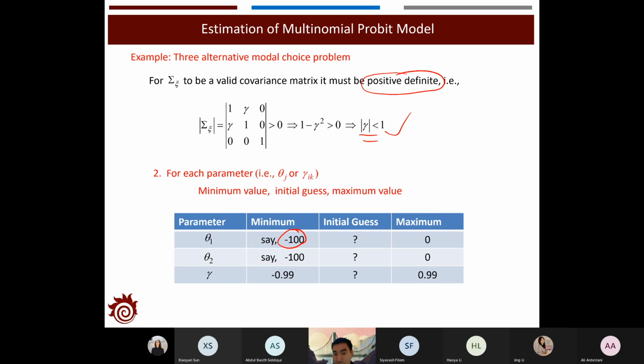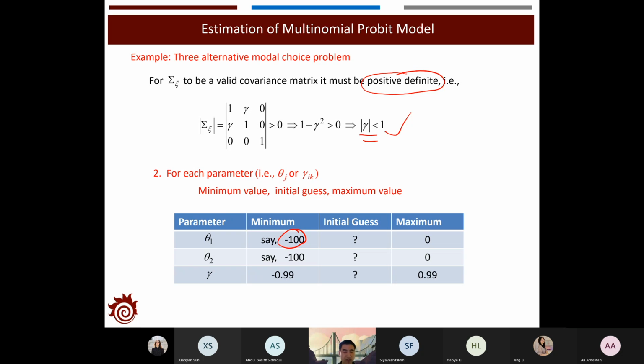And you can specify any initial values, any values between the minimum and maximum value, as the initial guess for theta and gamma. With that, you will be able to search all the possible values from the minimum to maximum, or apply some gradient methods to find the optimal theta and gamma values efficiently. Once it's done, you will have the calibrated multinomial probability model.